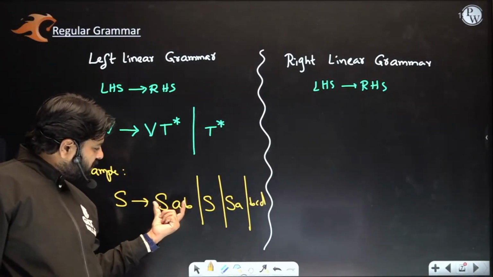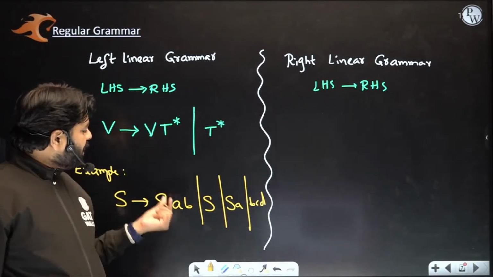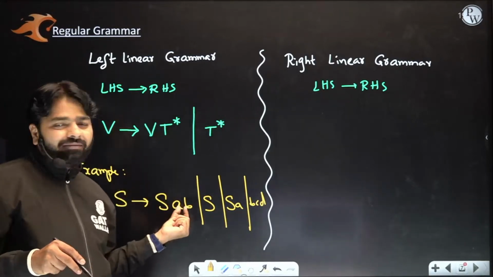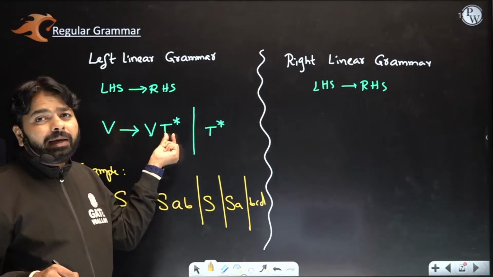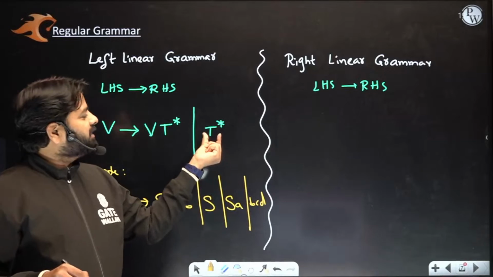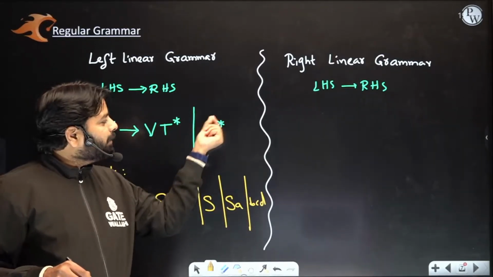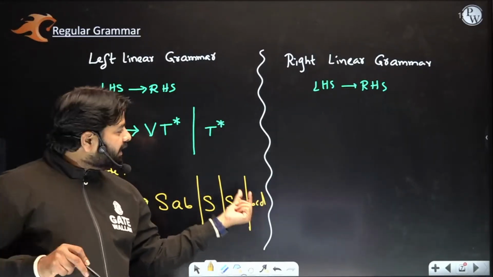This rule follows the form because S is the V and AB is T written twice, T square. S is there because S followed by T power 0 is epsilon, and SA is there. BCD is there because T star means you can write T power 0, T power 1, T power 2, T power 3 and so on. This represents T power 3 because three terminals are in the sequence.